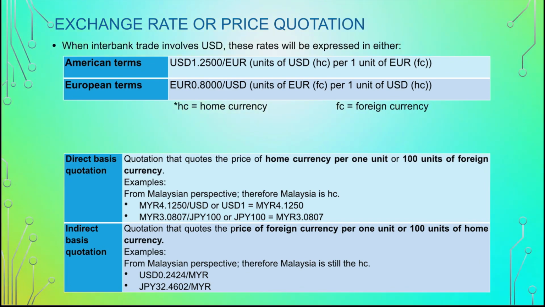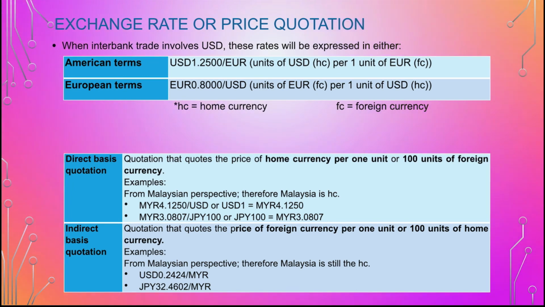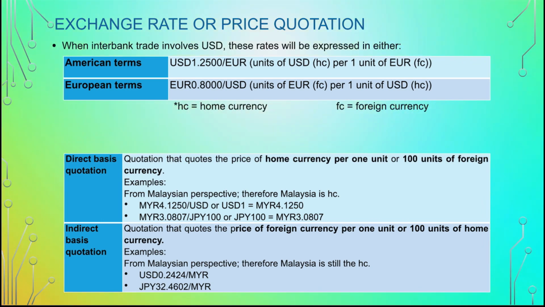If you look at this, there are two countries, USA and Europe countries. So these rates will be expressed in either American terms or European terms. Let's say, for this case, the home currency is US dollar and foreign currency is euro.